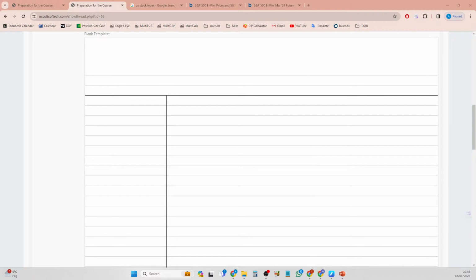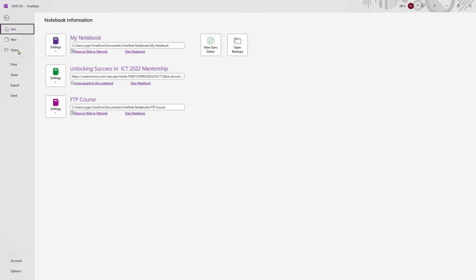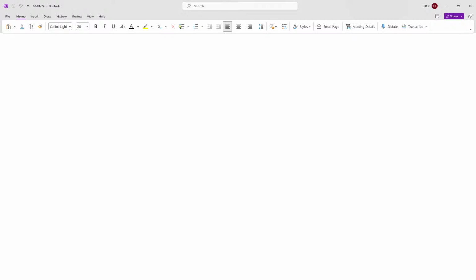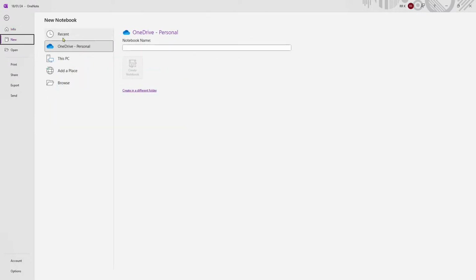So OneNote is again a very easy way of capturing notes. When you go into the file, you can create a new notebook and give it whatever name, like FTP course. You can go inside that notebook and over here you can create the sections. Let me just show you how you can create one.